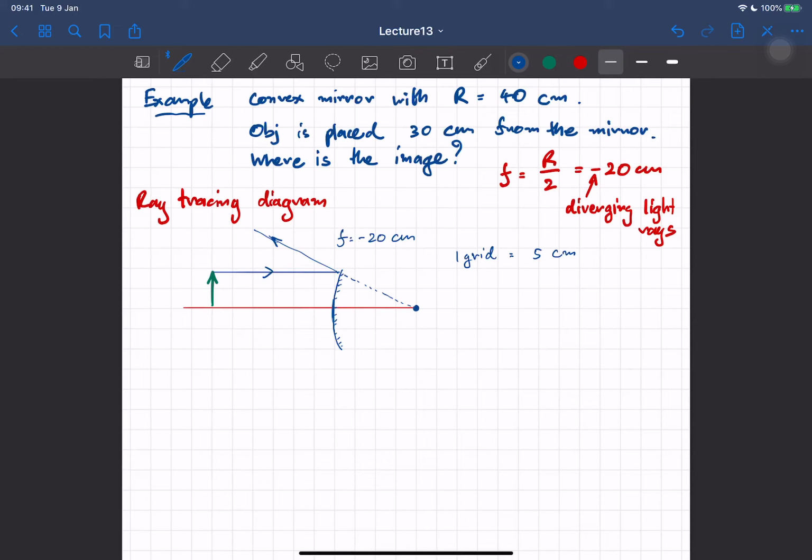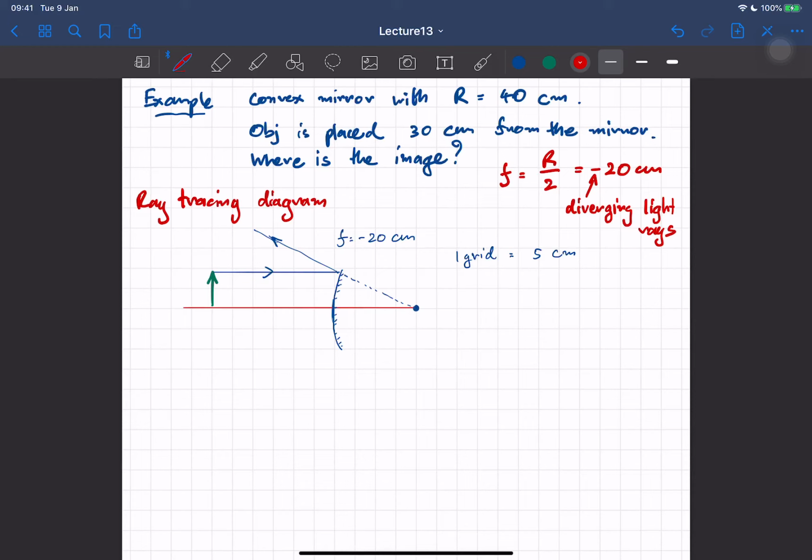So what about the second light ray? There are many ways to do it, but the one that I like is the light going into the center of the mirror, which is the same as for the lens. Remember, the light going through the center of the lens is not bent in any case, right? So it's just going through.